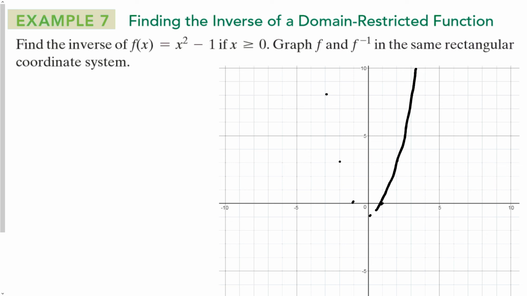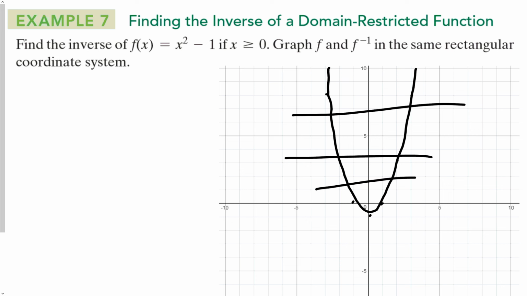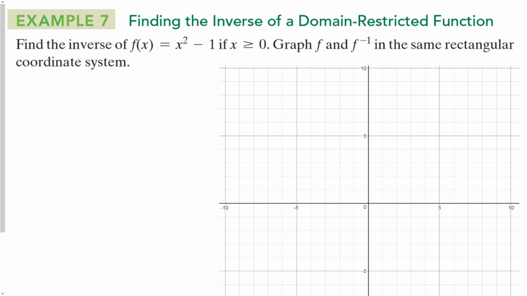And if I were to draw this, I could see that this fails the horizontal line test. There are multiple points where I can draw horizontal lines through this graph. So the standard quadratic function does not pass the horizontal line test, but we're going to limit the domain. So if I limit the domain, now I'm only graphing the right side of this, where x is greater than or equal to 0. I don't need the other half, so now it actually passes.